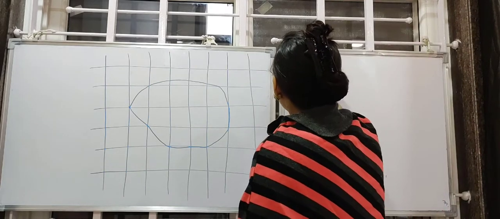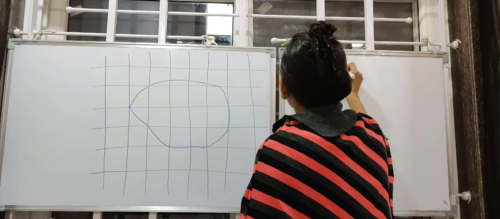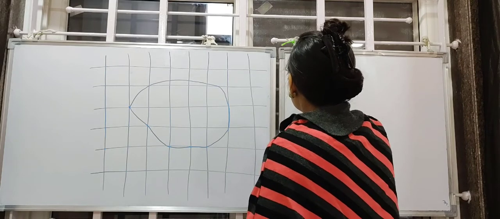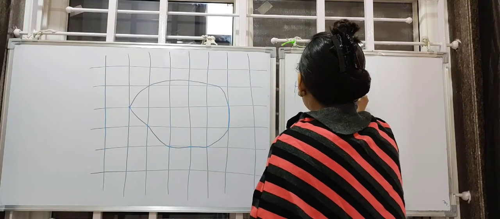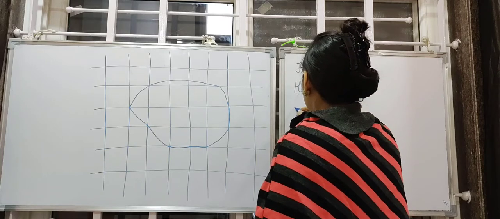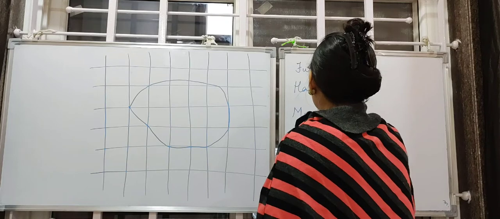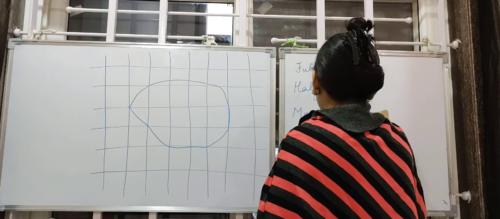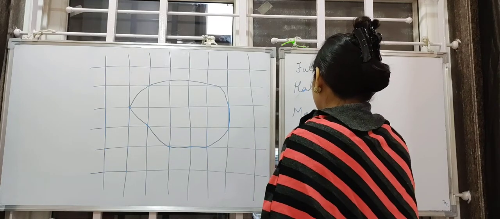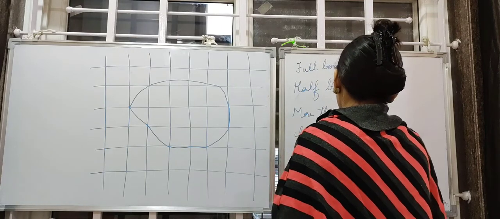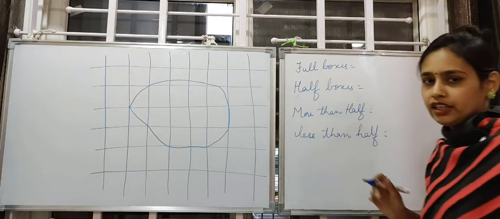So you can see full boxes, half boxes, more than half, less than half. Now we count these boxes.